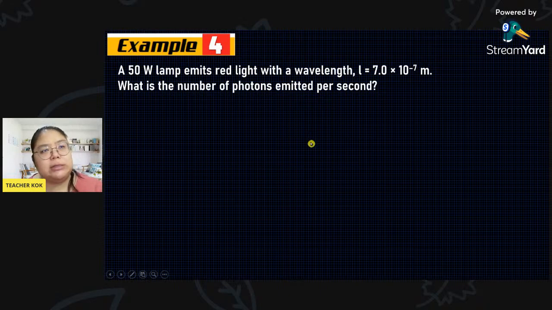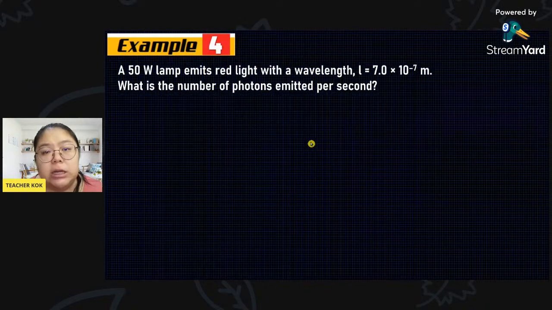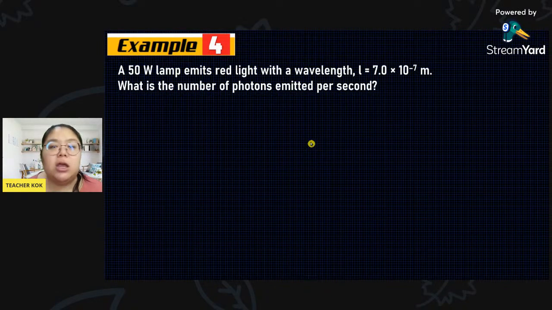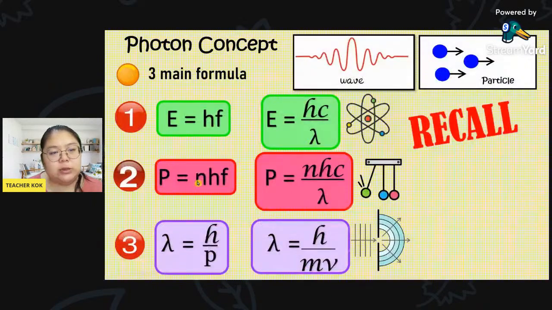From here the question provided power, so you must think about the power formula, the second formula just now. I recall this one. We need to think about this part because they want to find the power. Planck's constant you need to remember yourself: 6.63 times 10 to the power of negative 34.